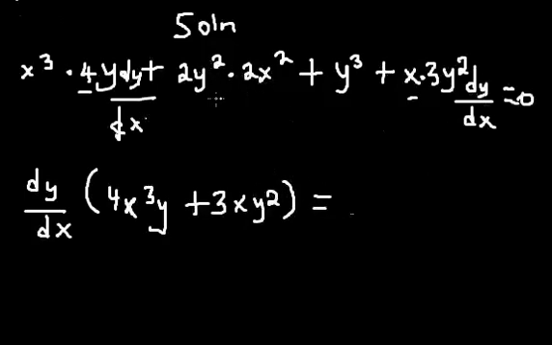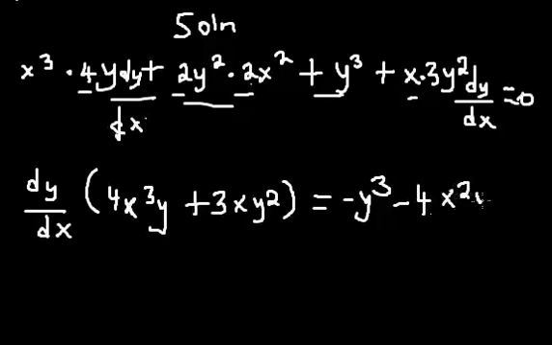Then I have to take the other expressions that are not attached to dy/dx to the other side. Of course, if I take y cubed to the other side, it becomes minus y cubed. If I take 2y squared times 2x squared, remember 2 times 2 is 4, then I have x squared y squared, and if I take it to the other side it becomes minus 4x squared y squared.